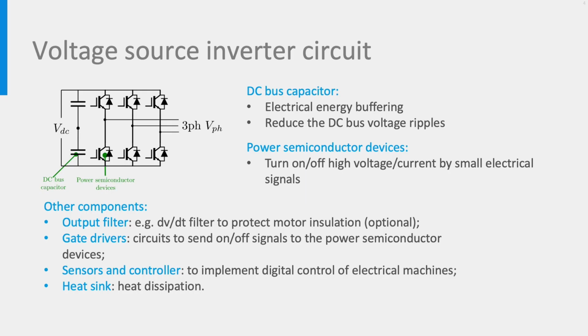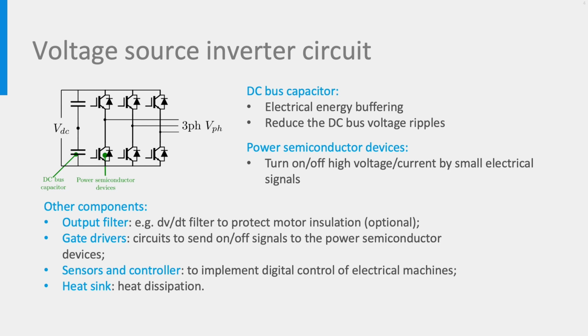There are other components that are generally a part of the inverter circuit. The first among these are output filters, which can be used to suppress current ripples in the machine winding, or to protect the machine insulation by reducing the voltage switching rate dV/dt.